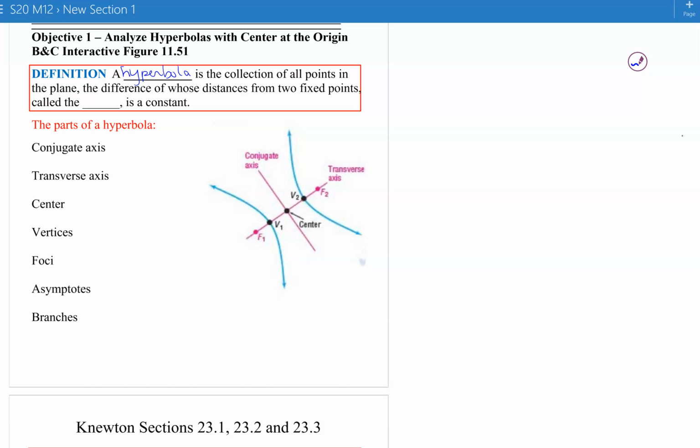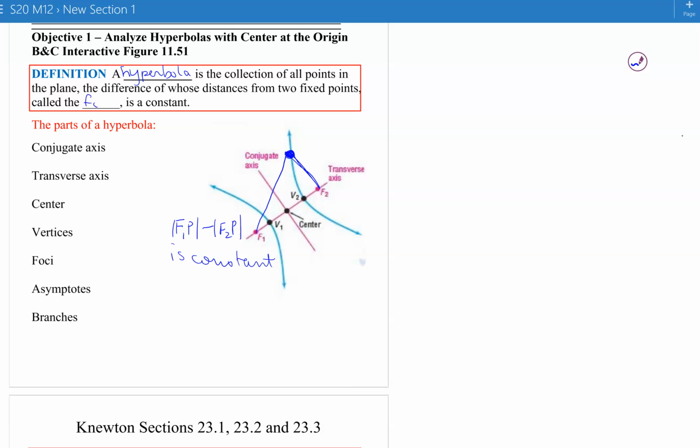It's the collection of all points in the plane where the difference in the distance from focus 1 to the point, minus the distance from focus 2 to the point, is constant. With the ellipse, it was the sum of those two things that was constant. With the hyperbola, it's the difference of those two things that's constant.